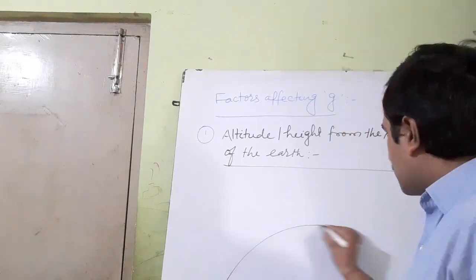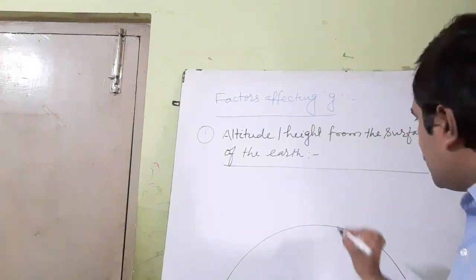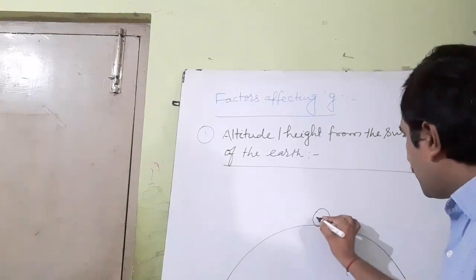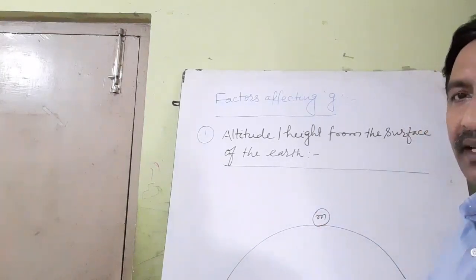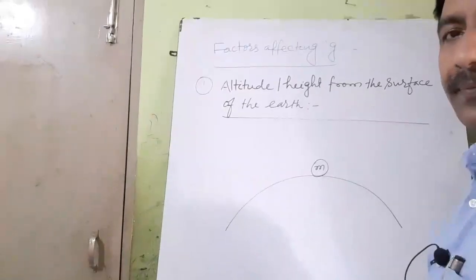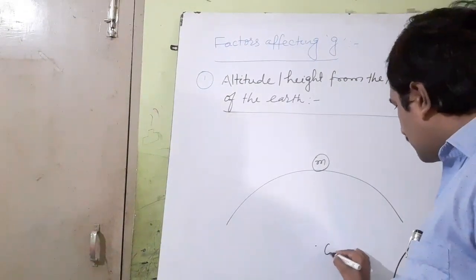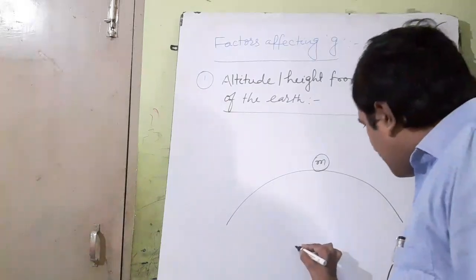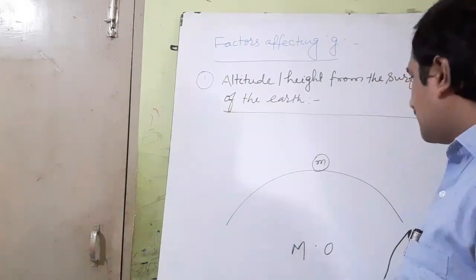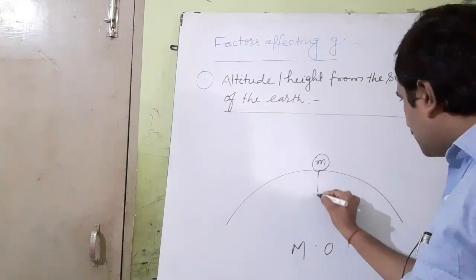Suppose this is the earth and here is a body of mass m, and the center of the earth is this one. This is the center of the earth, O. Entire mass of the earth is supposed to be concentrated at the center, and this is the radius.